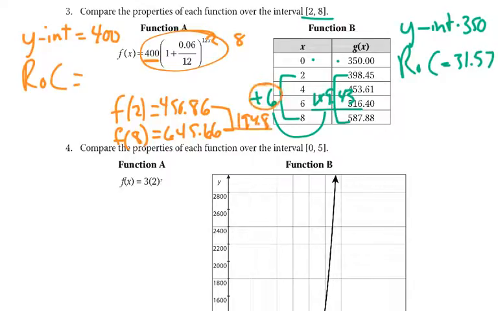Because it's 6 away, I go 194.8 divided by 6, and we get 32.47. So, function A has a bigger y-intercept and grows at a faster rate than function B. Okay, they're both growing, but function A would be the one you'd want to choose over function B. Unless you wanted it to grow slowly, then I suppose you would choose that one.